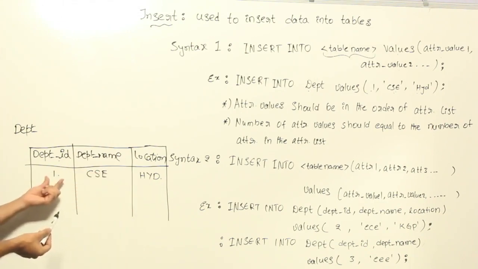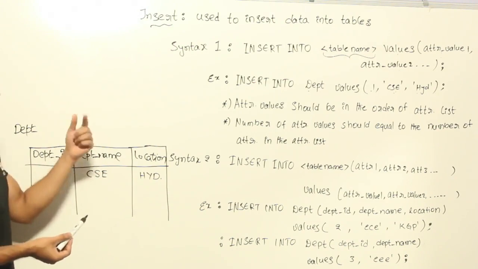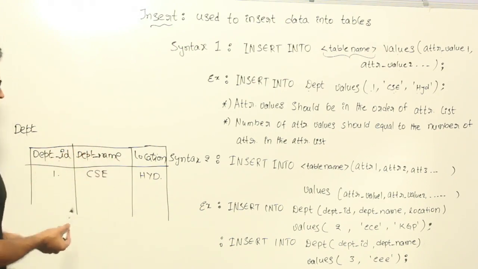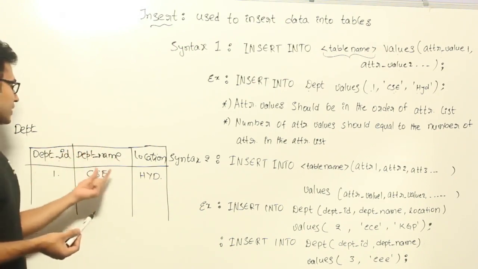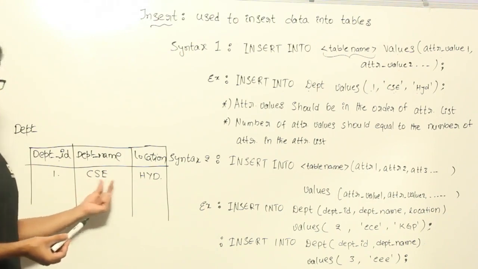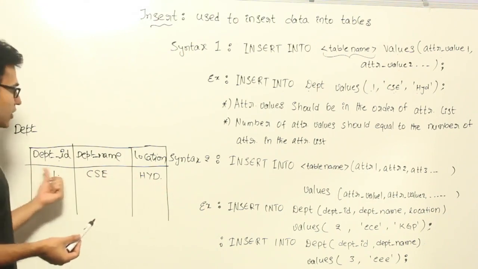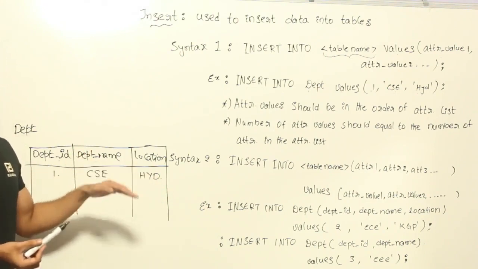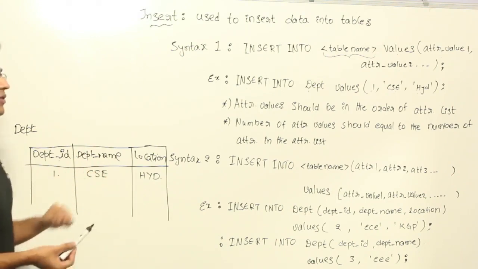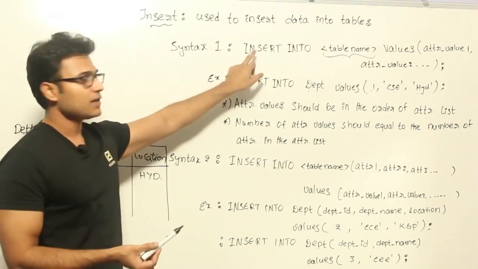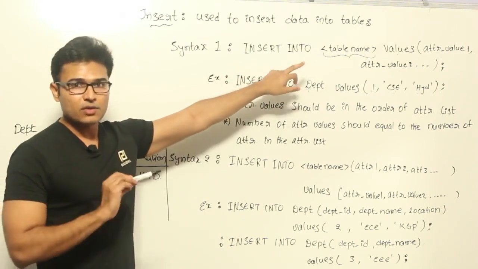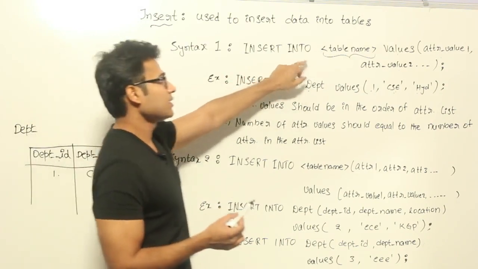For example, if you write 1, HYD, CSC, then it will take department name as HYD and location as CSC. Therefore the order is important, as well as specifying every attribute, if you are going to use this syntax: insert into table name, directly giving the values without specifying the attribute names.